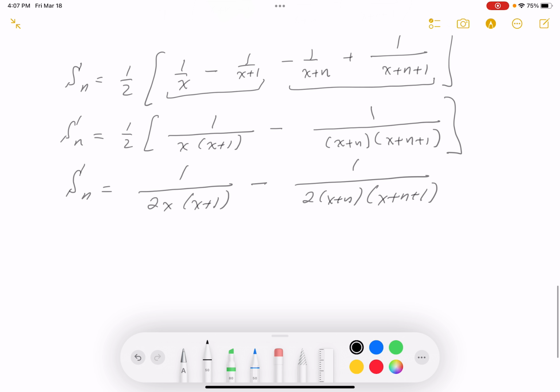And now what I want to do is look at the limit as n goes to infinity of Sn. And what would that give me? Well, for any finite x, this term would disappear. Then what do you get? You get a sum, 1 over 2x times x plus 1. I think they're asking what x's are bad.